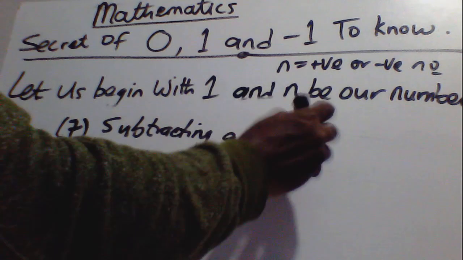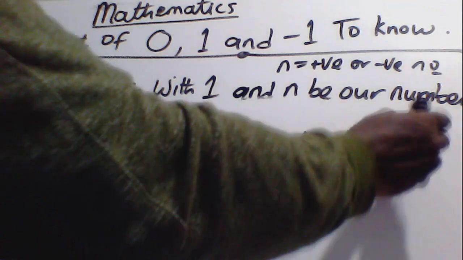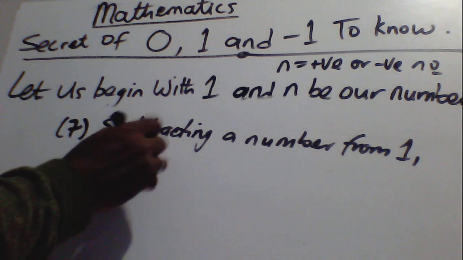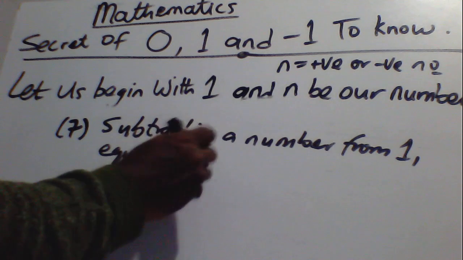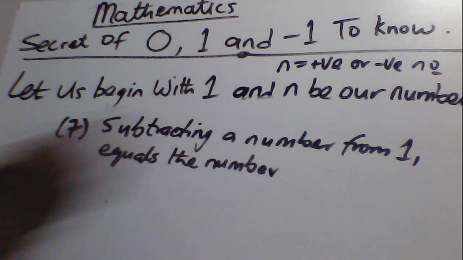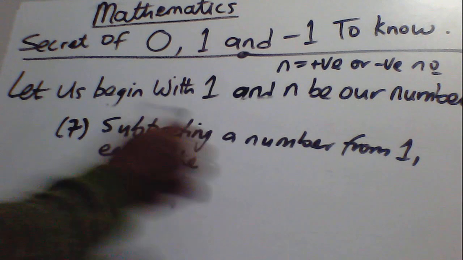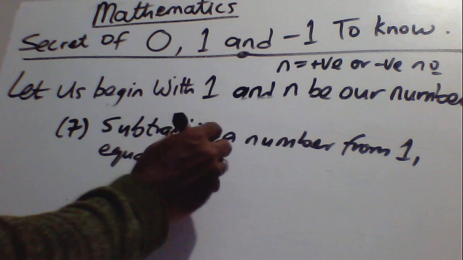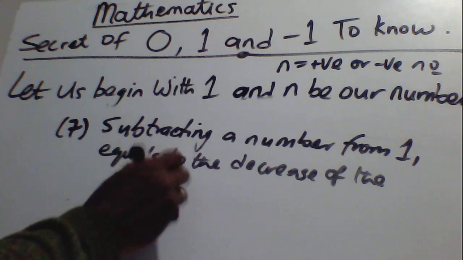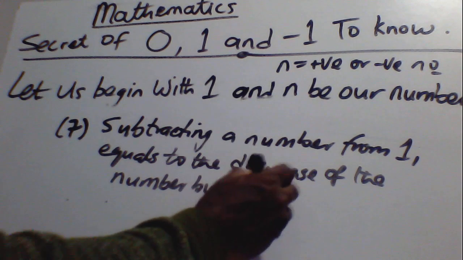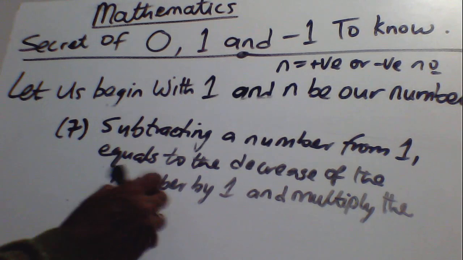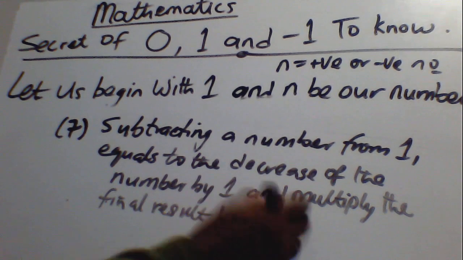Subtracting a number from 1. Subtracting a number from 1 equals the decrease of the number by 1, and multiply the final result by minus 1.